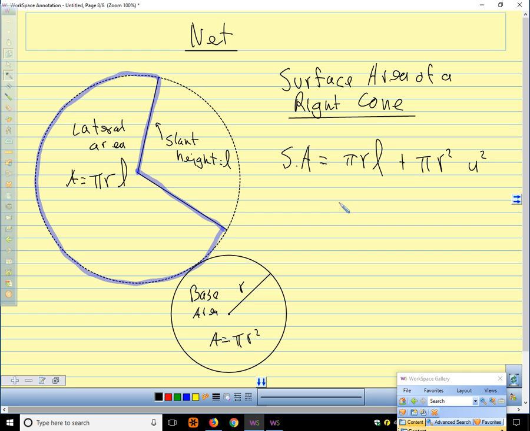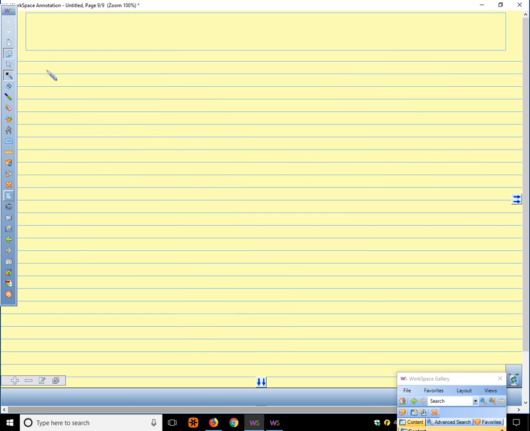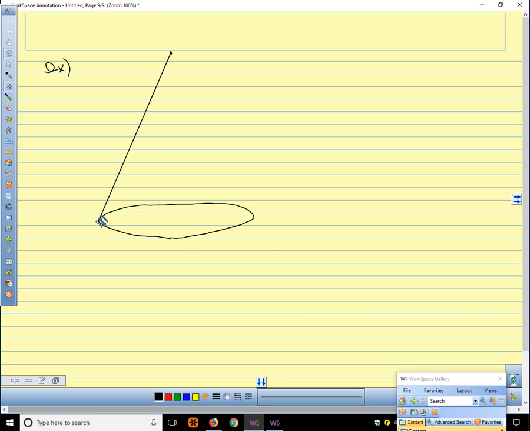Okay, I just want to look at one more example using a cone, and then we'll be set for today. So here's my cone. And I'm going to say that the radius of the cone is 5 centimeters.